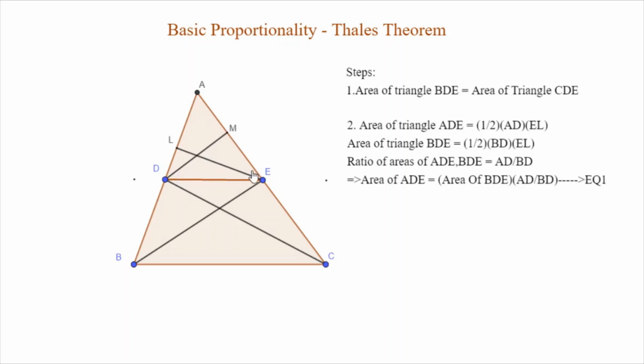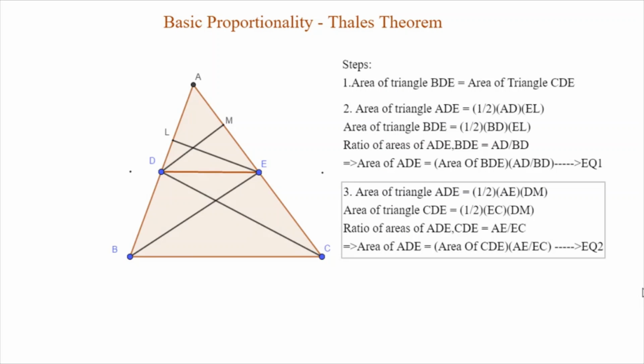Now let us calculate the area of these two triangles and take the ratio, like we did in step 2. When you calculate the area of triangles ADE and CDE with AE and EC as the bases, the area of triangle ADE would be 1 by 2 multiplied by AE, which is the base of triangle ADE, multiplied by DM, which is the height of triangle ADE. Likewise, the area of triangle CDE is equal to 1 by 2 multiplied by EC, which is the base of triangle CDE, multiplied by height, which is DM.